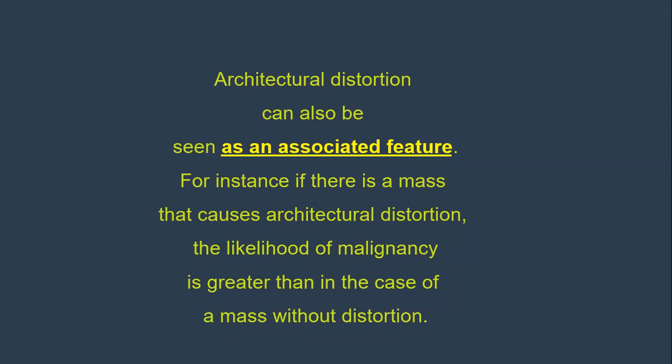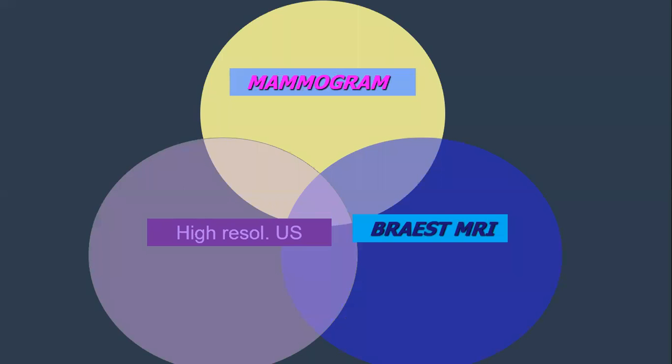That is why the spiculated mass is BI-RADS 5, not like the microlobulated mass and the indistinct mass. You remember that when we considered the systematic evaluation of the mass.